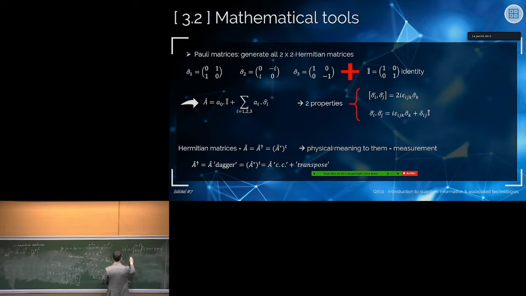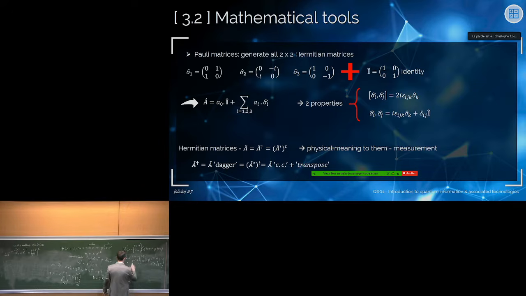So I can rewrite it as alpha (1, 0) plus beta (0, 1), written in terms of column vectors, like so.